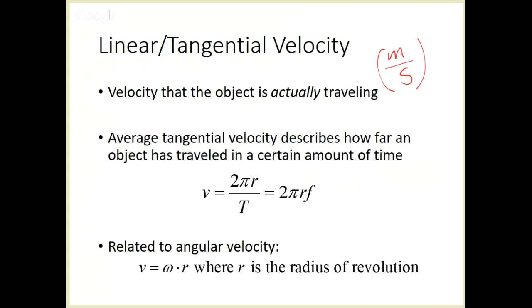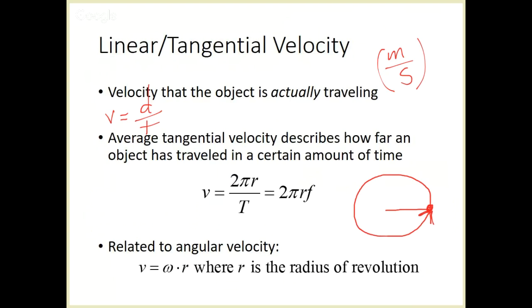Well, if you take a trip around the circle, you haven't traveled one radius, you haven't traveled one diameter, but you've traveled one full circumference of that circle. That's the path around the outside of the circle is the circumference. If you keep your speed constant, then velocity is just distance divided by time.